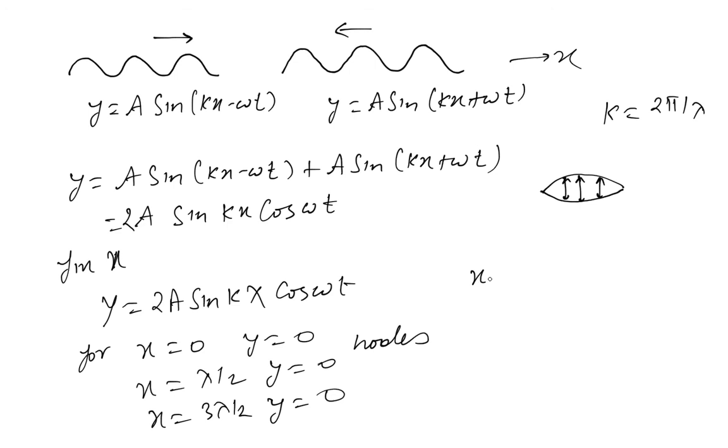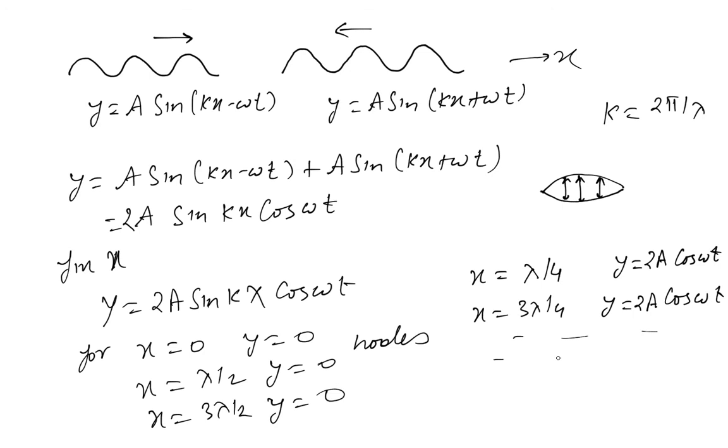Similarly, you can see for x equals lambda over 4, y is 2a cos omega t, and for x equals 3 lambda over 4, y is 2a cos omega t, and so on.